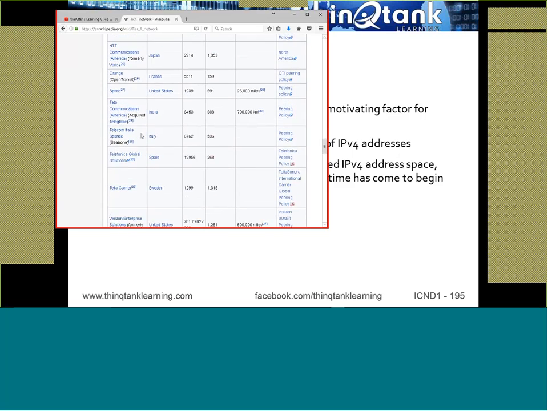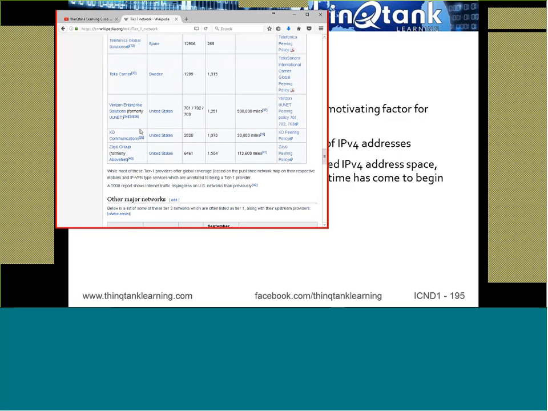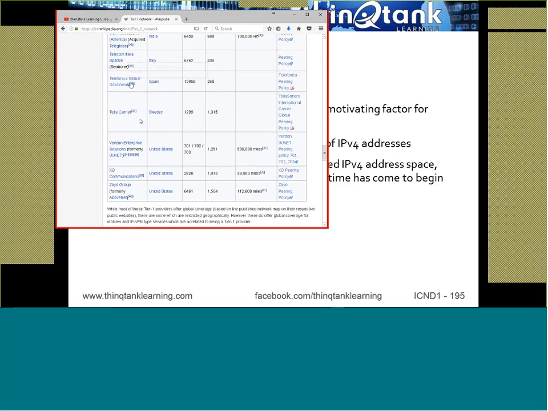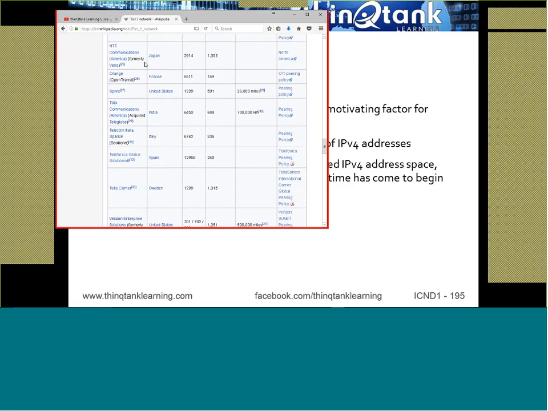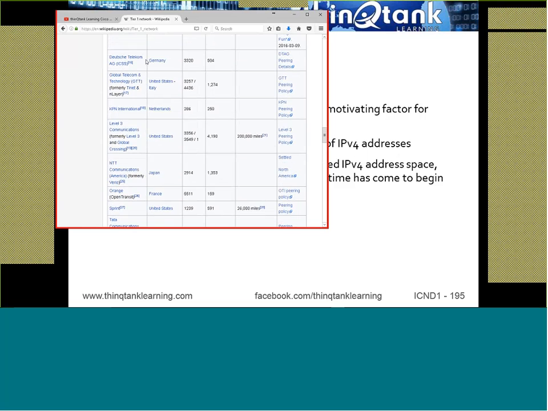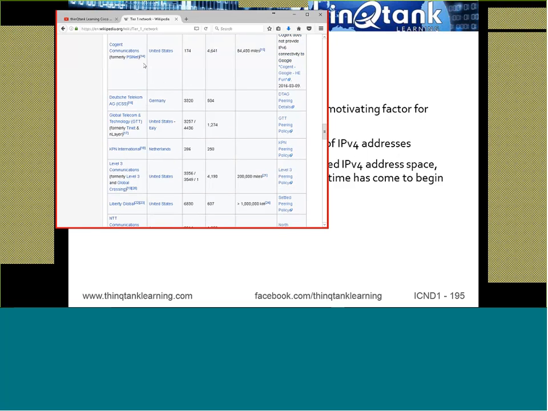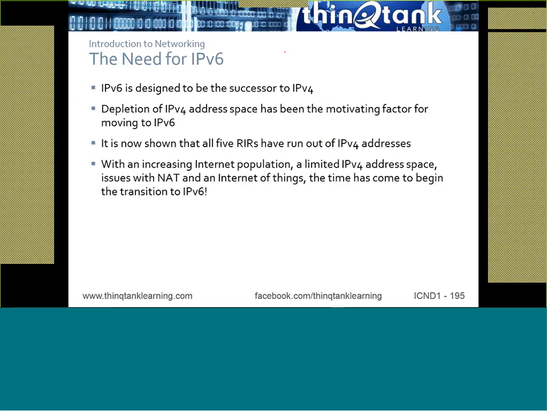NTT and so on. These guys make up the internet. And let's see, 1, 2, 3, 4, 5, 6, 7, 8, 9, 10, 11, 12, 13, 14, 15, 16, 17, 18. I was very close, right? 18 tier 1 providers.